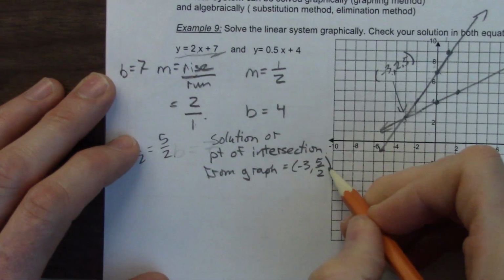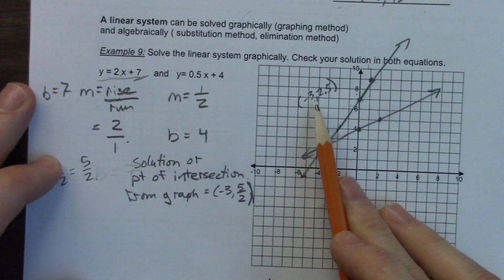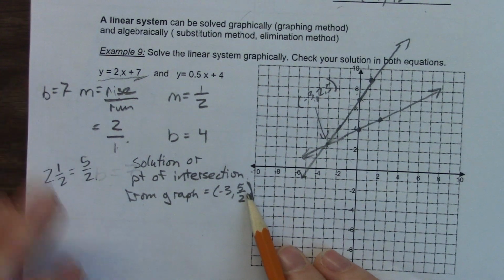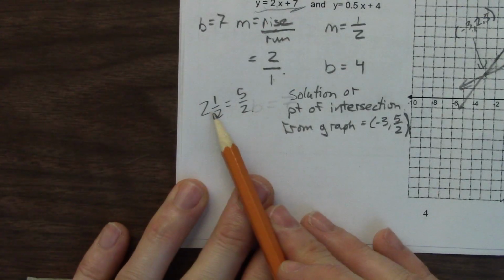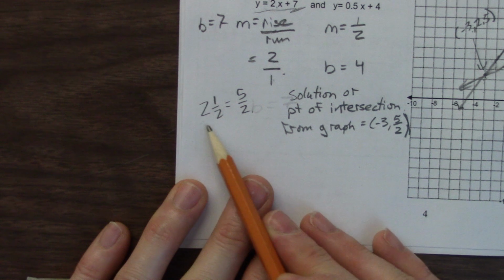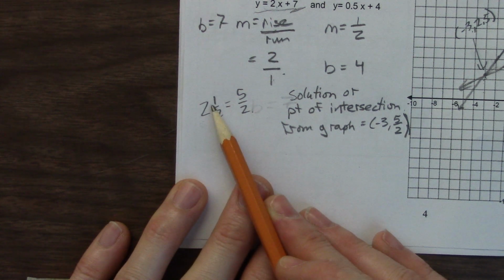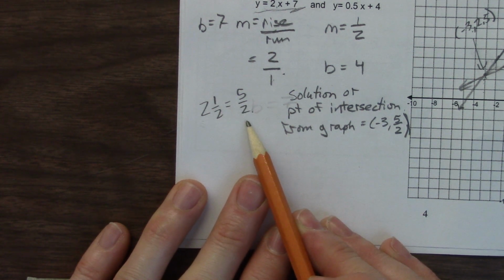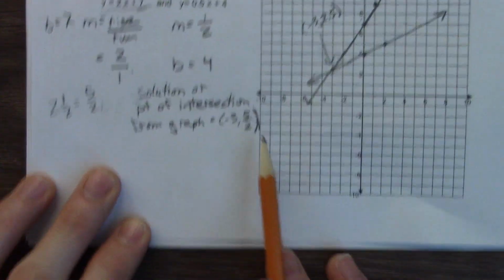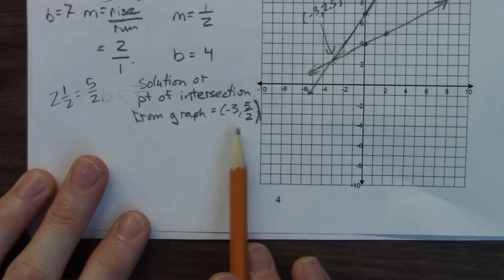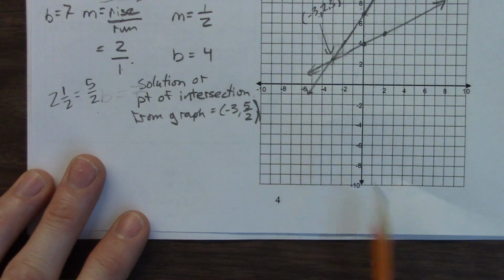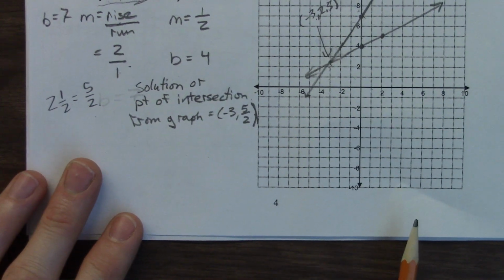Does everyone know how to convert 2.5 from a decimal to a fraction, 5 over 2? You could just write it out like this, 2.5. Multiply the 2 by the denominator, you get 4. Add the 1, it's 5 over 2. Now, I did that on purpose because I'm going to do this by hand. If I had a calculator, I might leave it as 2.5 as a decimal. But let's just do this.